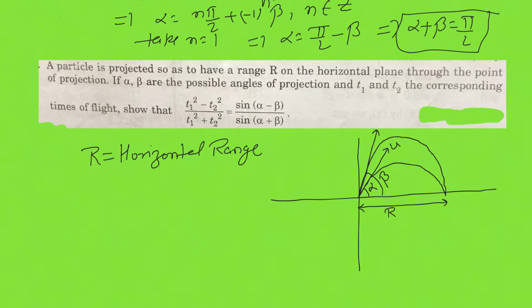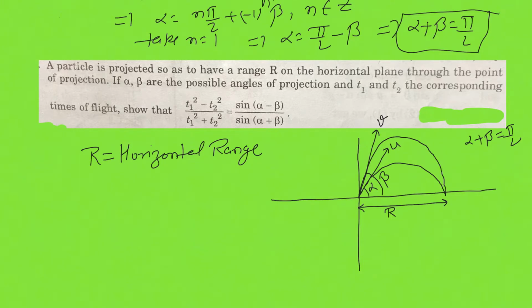So we could use the earlier case that we just discussed, that in this case alpha plus beta should be equal to pi by 2, provided the velocity of both projectiles is the same. But in this problem, look, nowhere is it mentioned that both projectiles have the same velocity, so we cannot say that this one will also have velocity u. It could have a different velocity, say v.